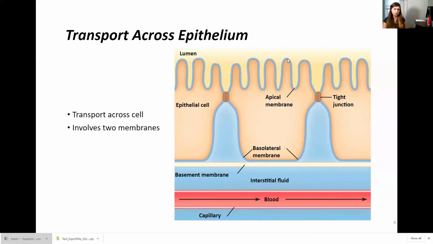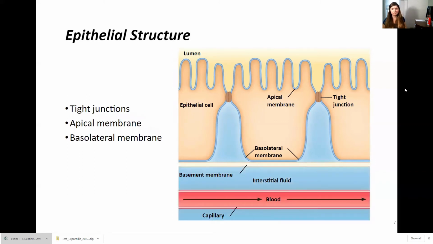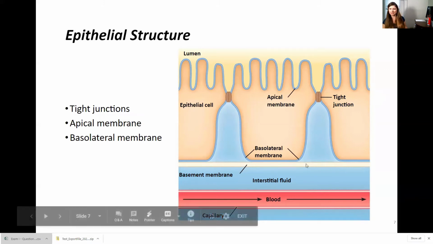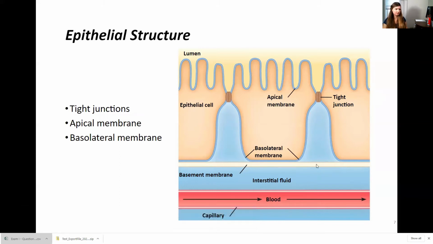We're really going to have to move our particles across membranes. And that's good because that allows us to control what gets across and what direction it goes across. So we've got our apical membrane, our basal membrane, our basolateral membrane is here at the corners, where we can just kind of refer to the whole part together. We've got our tight junctions gluing our cells together.